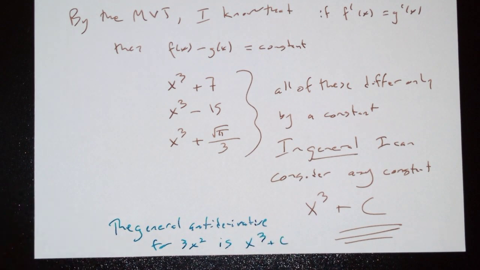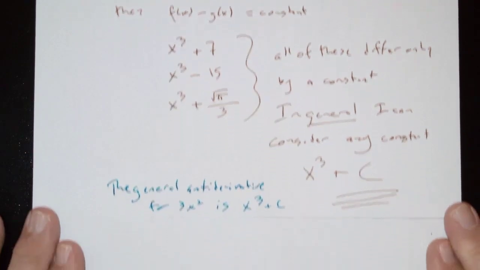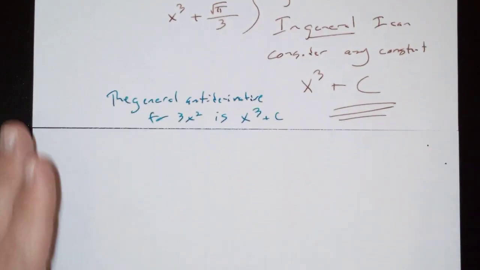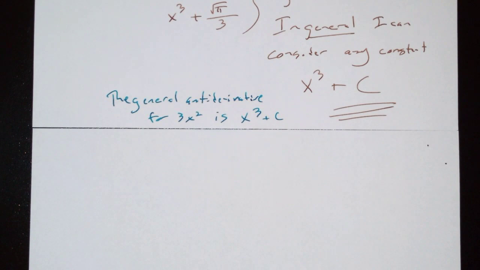And in general, anytime I take an antiderivative, unless I specifically need to know the value of the constant, I'm just going to put plus c on the end and say, hey, some constant can go here. It could be 0, it could be 113, it could be negative 73. I don't care. There'll be some number.